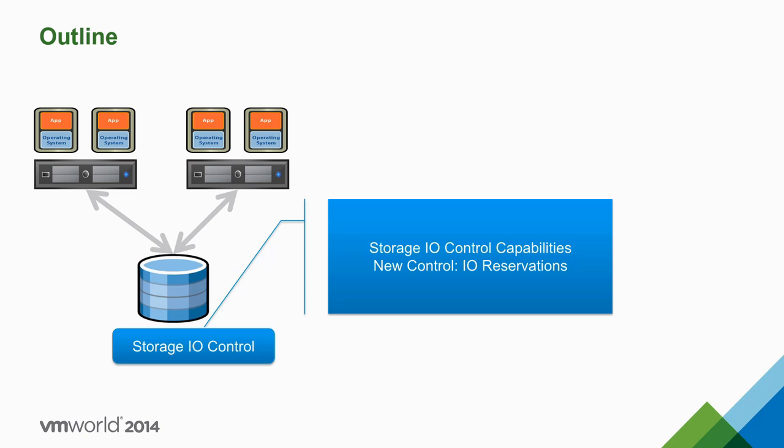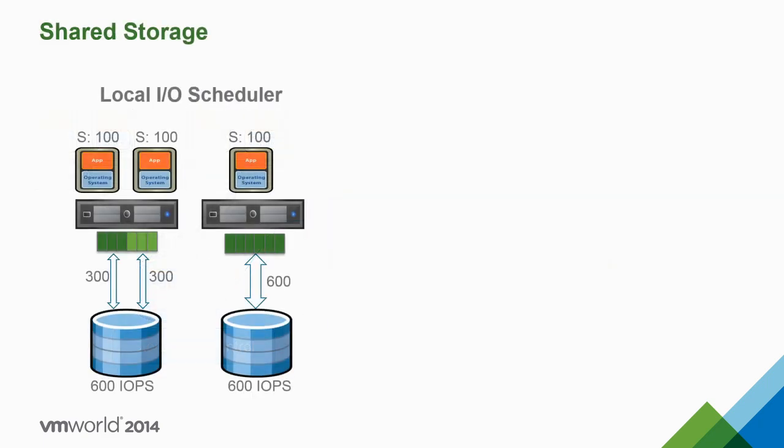We're going to look at storage IO control first, and then introduce the IO reservations feature that is implemented across the cluster of ESX hosts. Okay? By now you know what shares mean. So for example, if you had two ESX hosts, and let's just say they each have their local data stores, each has a capacity of 600 IOPS.